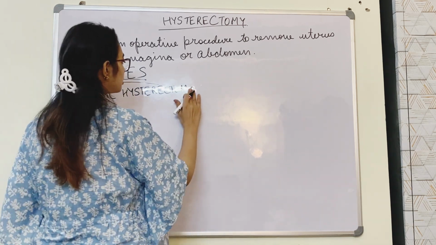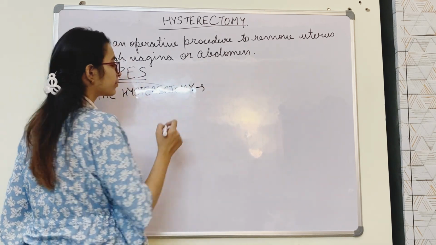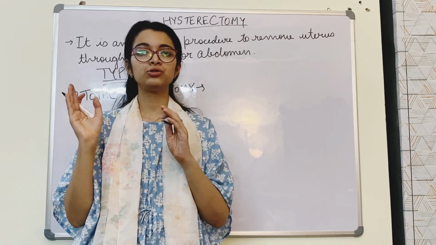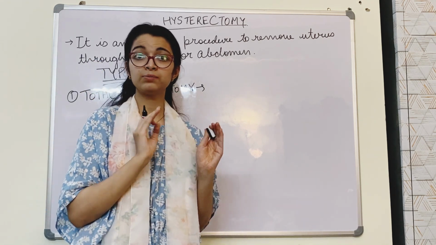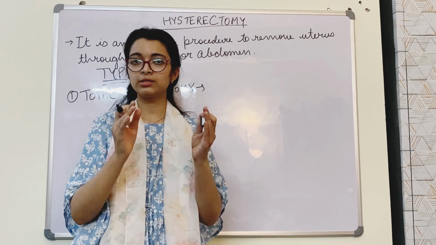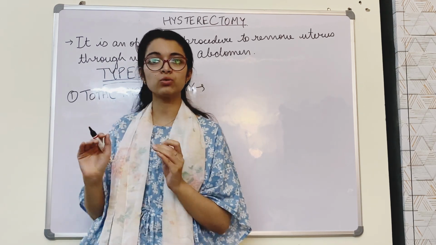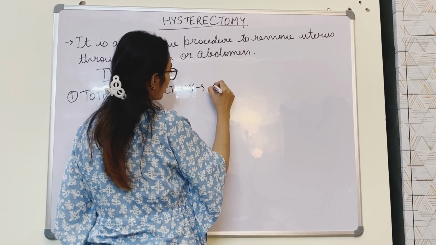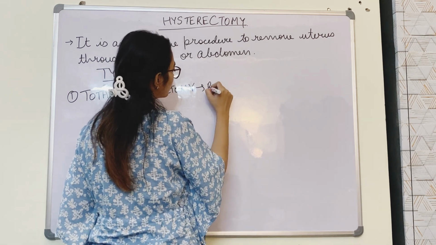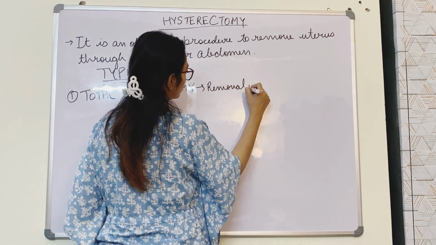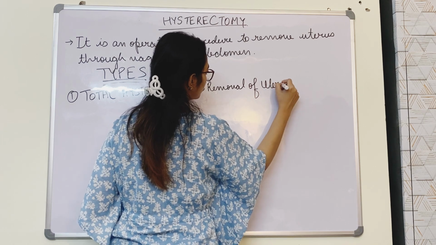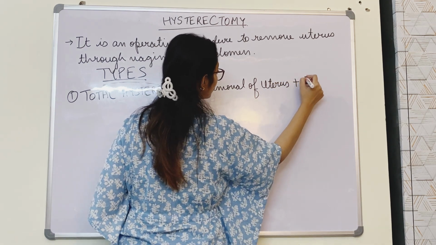In total hysterectomy, what all things are included? Total hysterectomy includes the uterus plus cervix, the removal of uterus and cervix. In this surgery, it will be known as the total hysterectomy. We will write: removal of uterus with cervix.